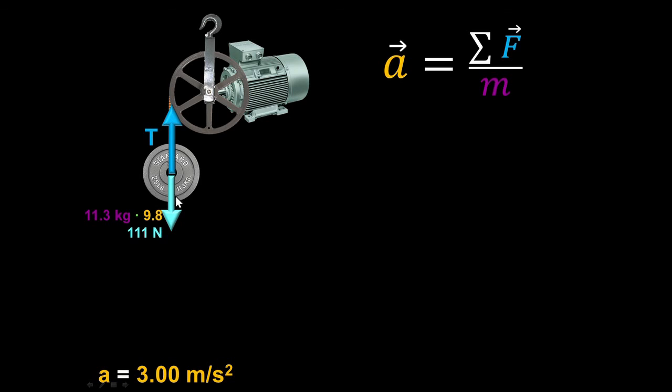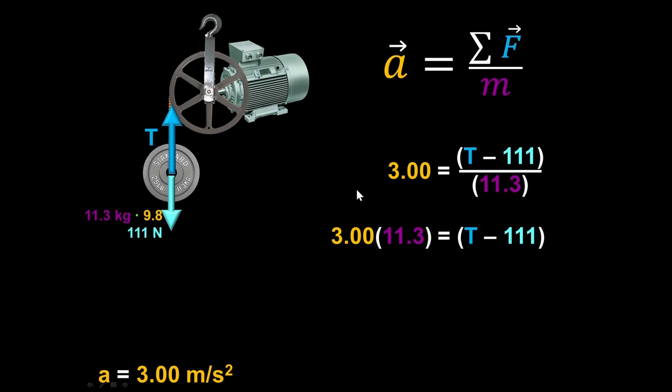So this was 11.3 kilograms. Mass times gravity is its weight. So now we can say the acceleration was positive, it was up. The tension was also pulling that mass up, so it was positive, and gravity was pulling down, so that's negative. So that's the sum of the forces divided by the mass. I'm going to solve for the tension here.